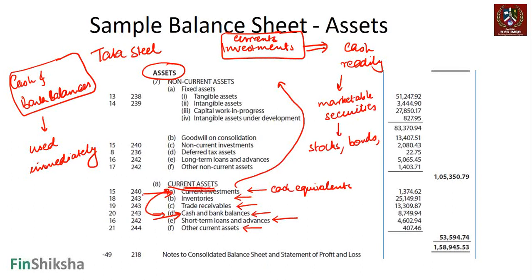So current investments can be either called as current investments, they could be called as marketable securities, or they could be called as cash equivalents, because the idea for these investments is to get readily converted into cash, right? That's your current investments portion. Let's look at the other ones.